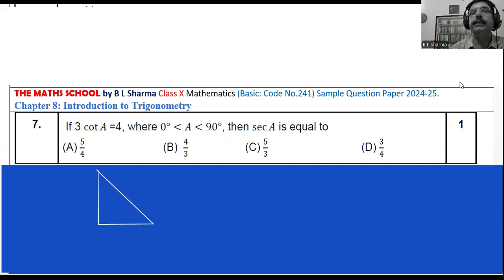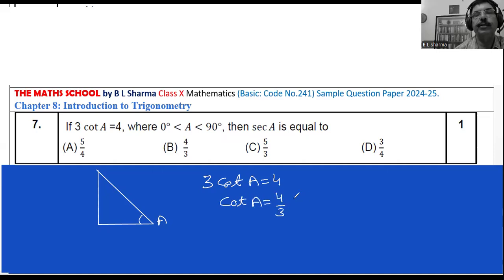You can write here A, this is the acute angle A. So we can say 3 cot A is equal to 4. So cot A is 4 by 3.